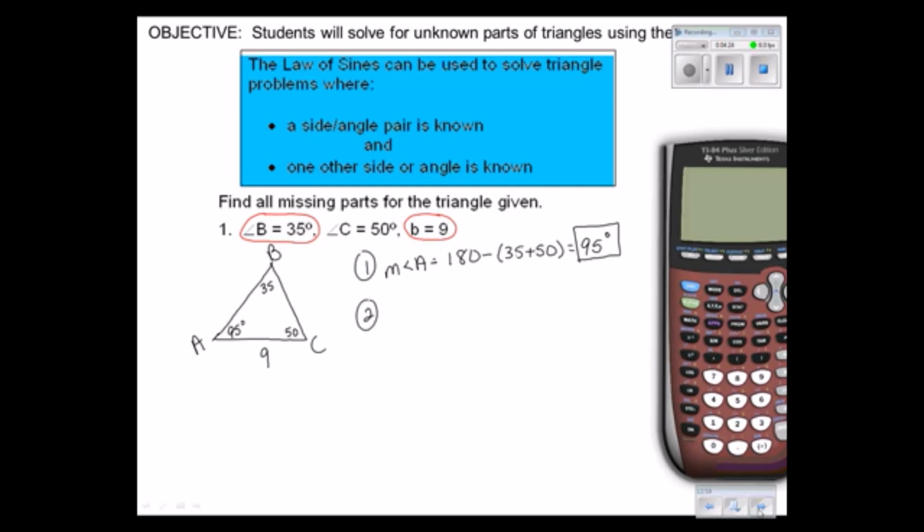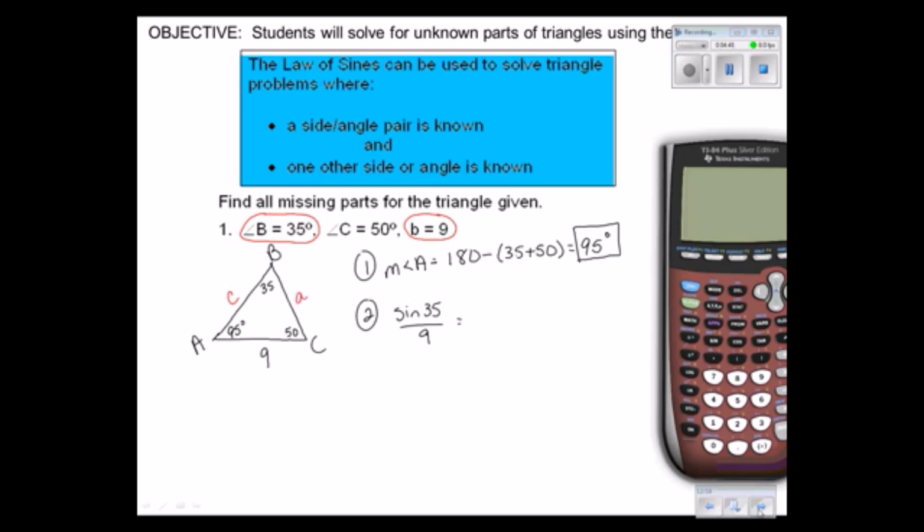I'm going to use my side angle pair, the sine of 35 over 9, and I need to find the length of the side across from angle C, little c, and I need to find the length of the side across from angle A, little a.